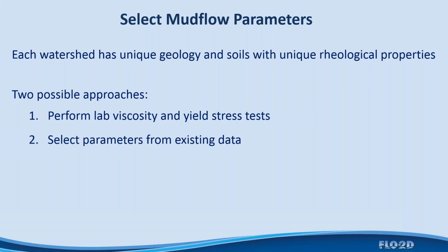So in order for you to select these mud flow parameters and use them in the Flow 2D model, please note that each basin is going to have geology and soils that are going to contribute to different viscosity and yield stress relationships as a function of concentration, primarily due to the concentration of fines, that is silts and clays, in the flow event.